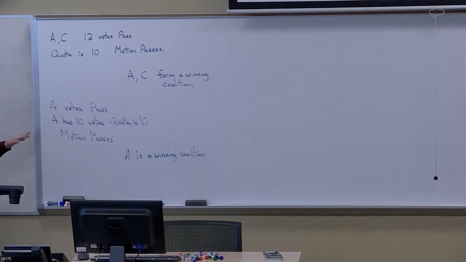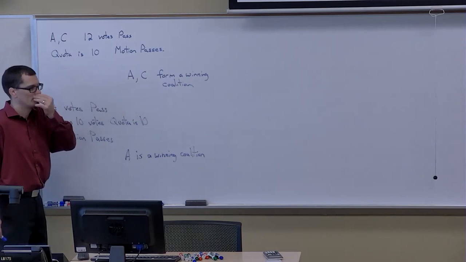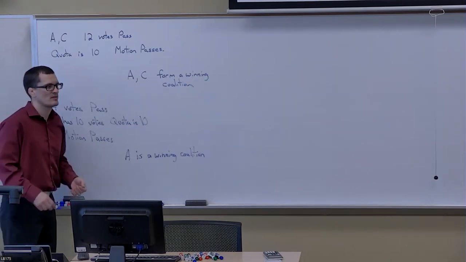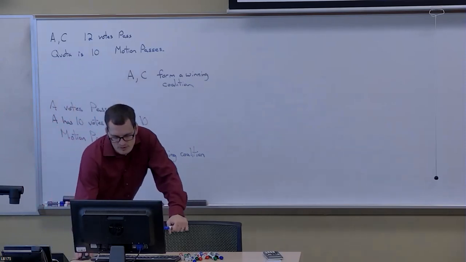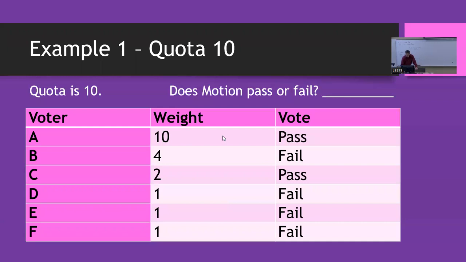A and C together are still a winning coalition too, don't get me wrong. Does that make sense? So that's how weighted voting works. As long as you hit that quota with passing votes, the motion passes.